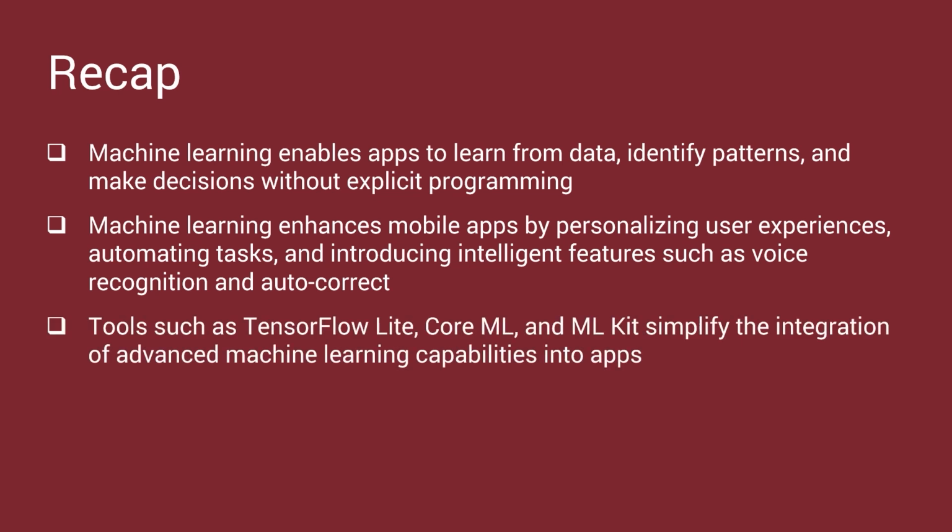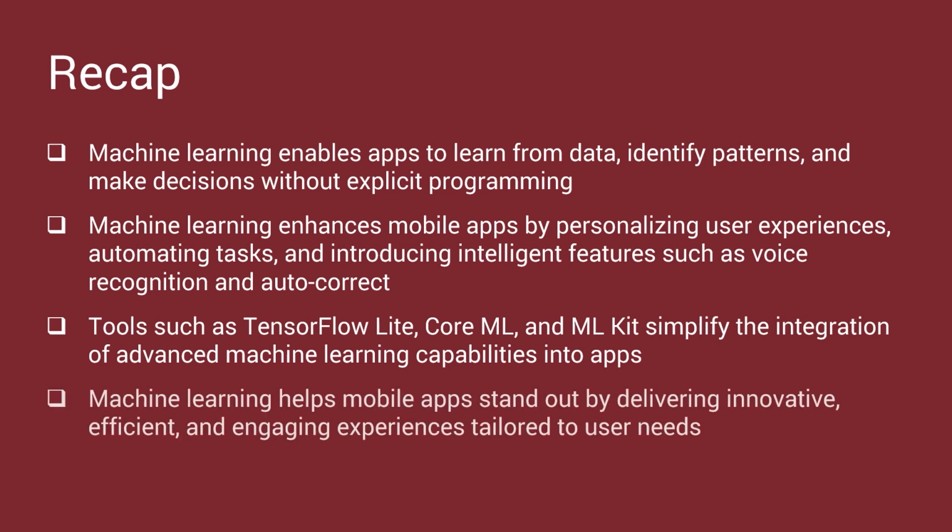You discovered that ready-to-use components such as TensorFlow Lite, Core ML, and MLKit streamline the integration of machine learning into apps, making advanced features accessible to developers. Finally, you learned how machine learning empowers mobile apps to stand out in competitive markets by delivering innovative, efficient, and engaging experiences tailored to user needs.